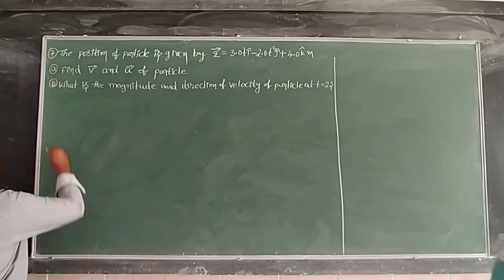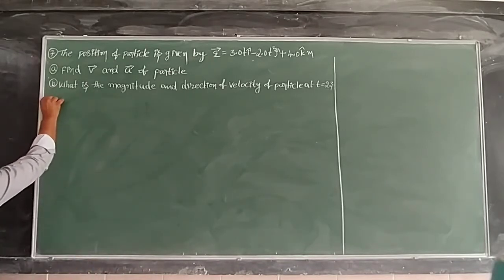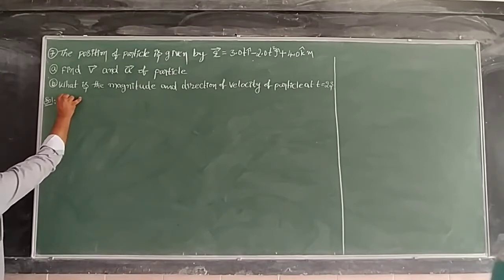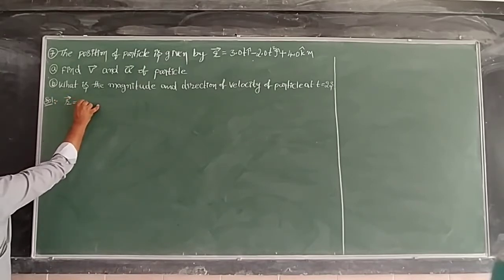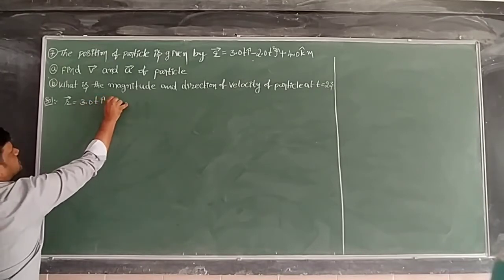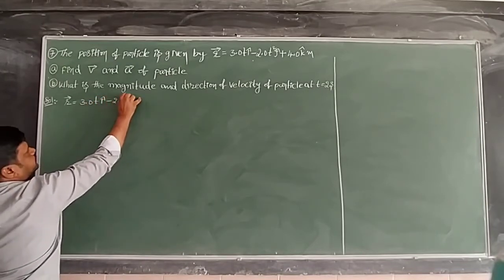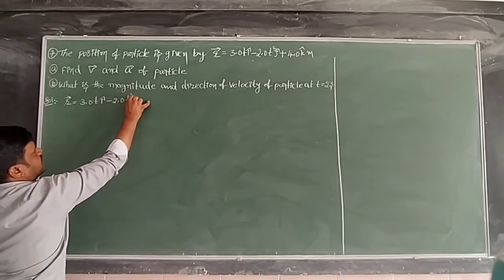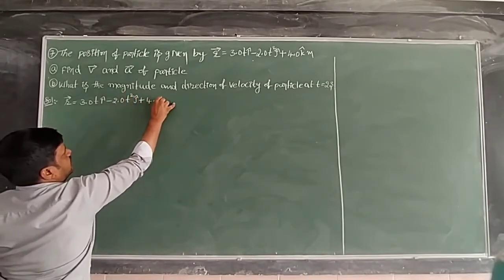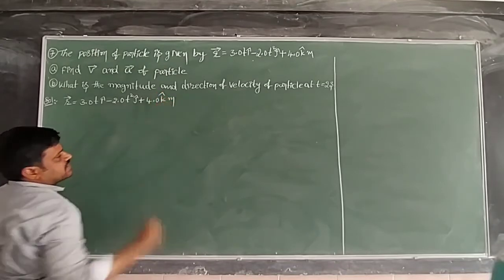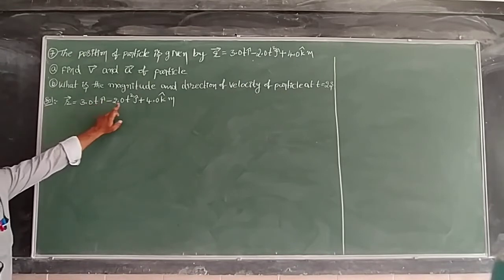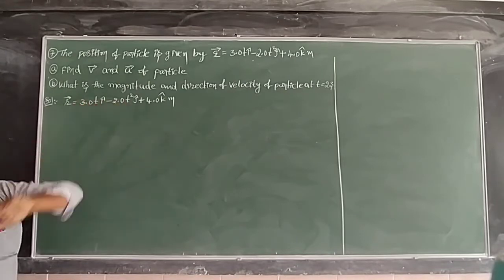Now to find this, first write what is given in the problem. The position vector r bar equals 3.0 t i cap minus 2.0 t square j cap plus 4.0 k cap meters. This position is changing with respect to time according to this relation.